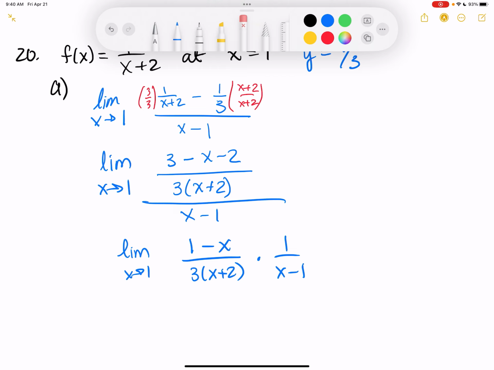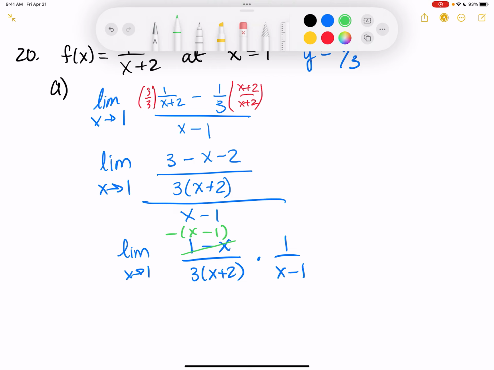So what do I need to do to be able to cancel something? Because right now, if I plug in 1, I'm going to have a 0 in the denominator. I need to take out a negative. To save a step, I'm going to cross this out and write it as negative x minus 1, like that. If I was doing it on my paper, I might straight up erase it, but I don't want to in case people need to see it.